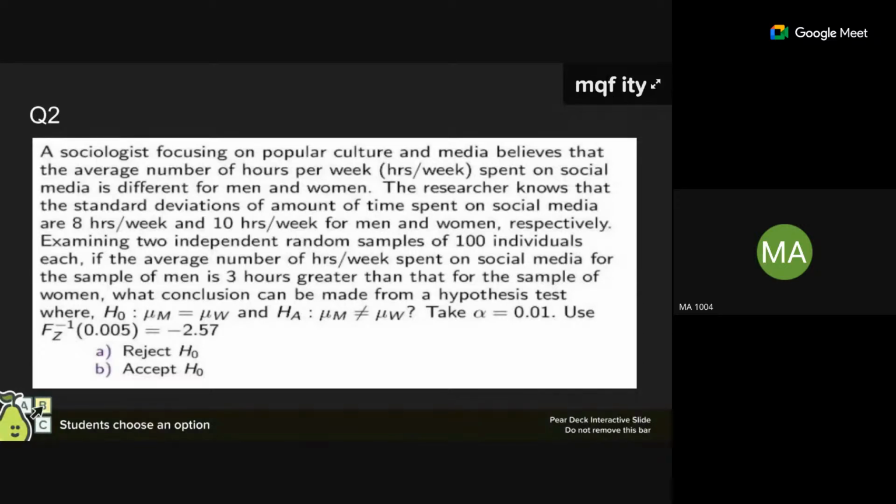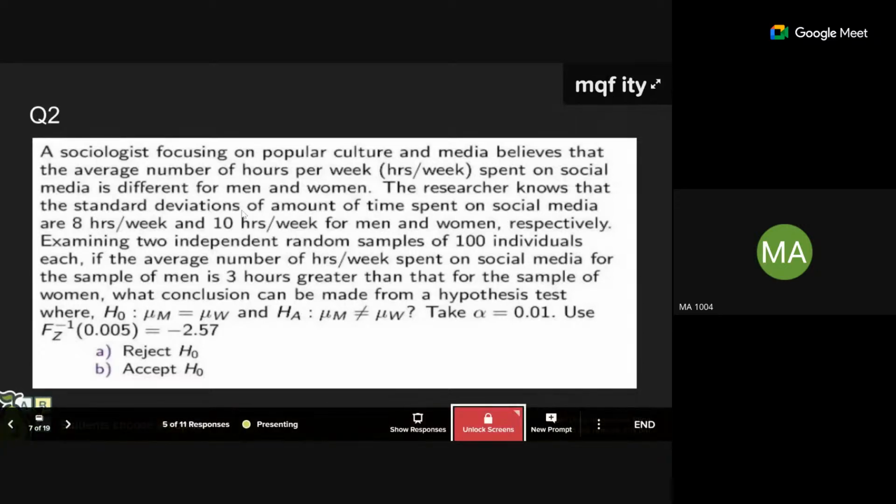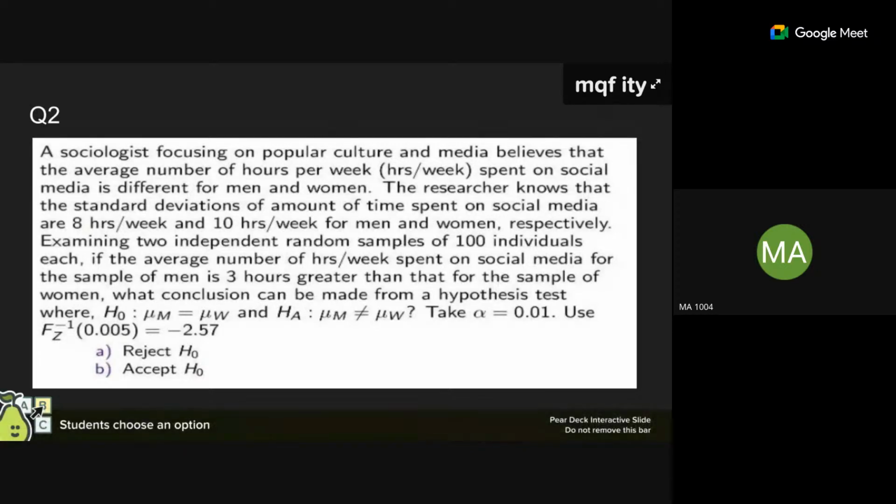The researcher knows that the standard deviations of the amount of time spent on social media are 8 hours per week and 10 hours per week for men and women. So what is this information about? We will have some samples, and let's say X is a random variable denoting the average number of hours per week spent on social media.